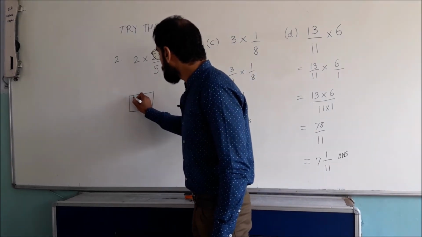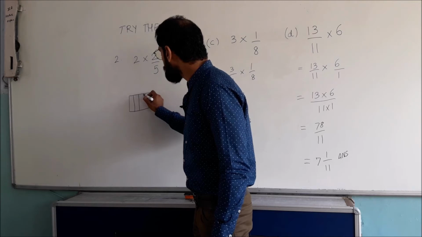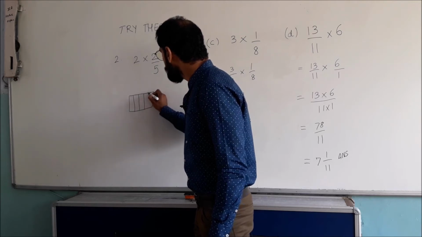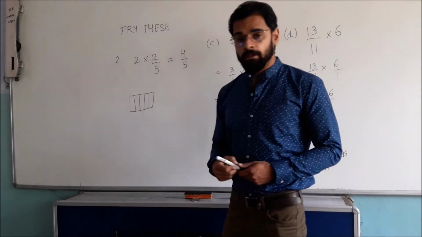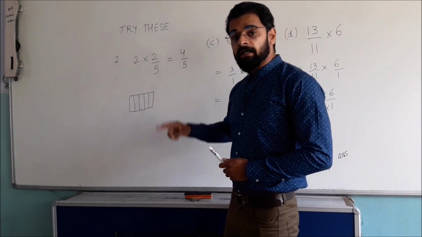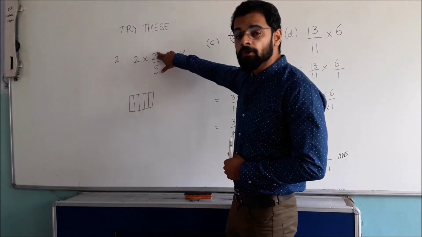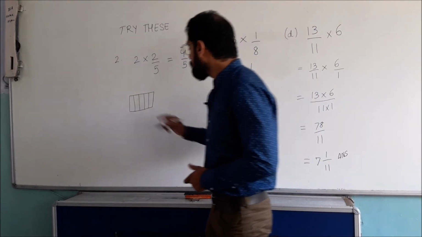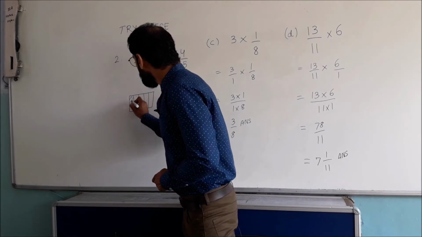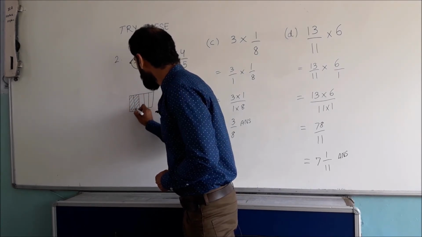I am dividing this into 5 equal parts. Okay, after dividing it into 5 equal parts, I will shade 2 parts according to its numerator. So 2 out of 5. Here I am shading 2 parts of this picture.